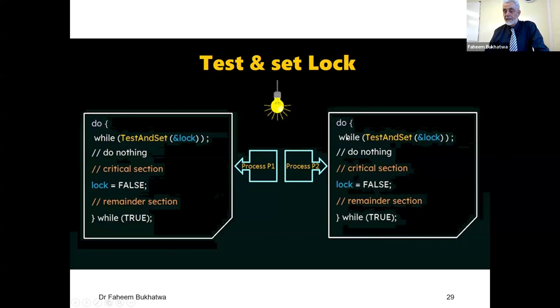Now we get to this point. You'll have to check and you look at the light. And if the light is red, that means the critical region is busy. You have to wait. So you stay waiting here. Don't go any further. As long as the light is red, you stop. So you just keep checking, looking at the light.